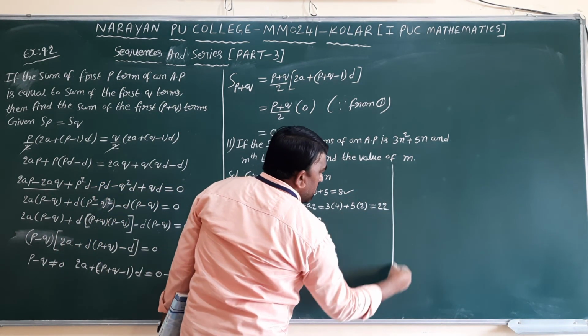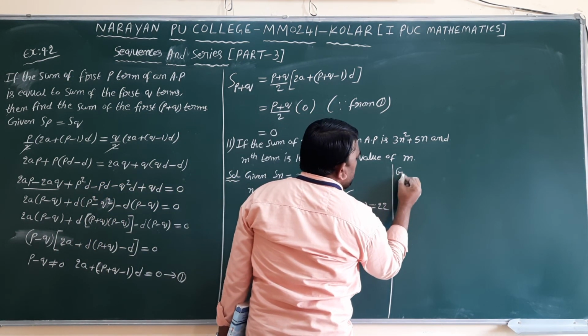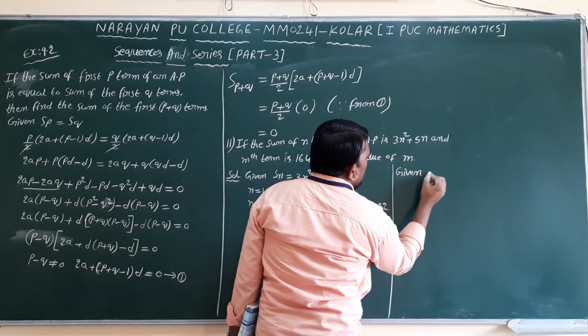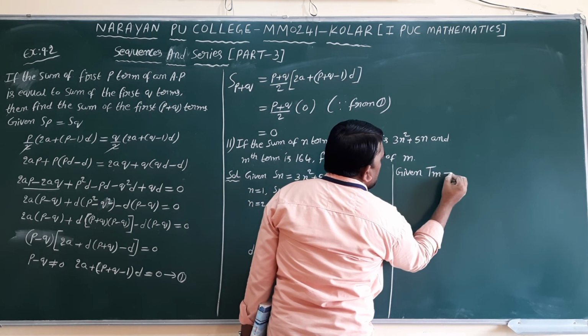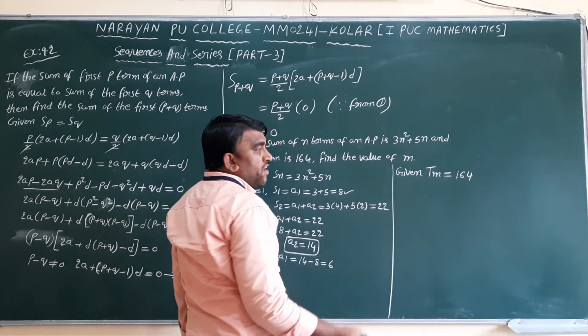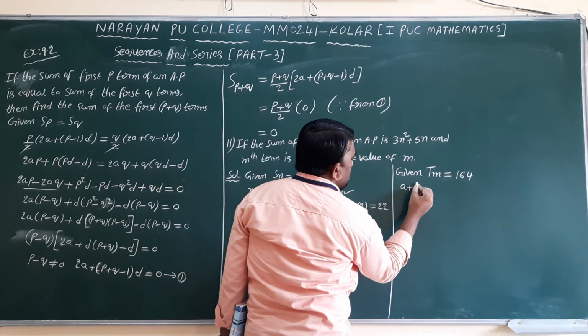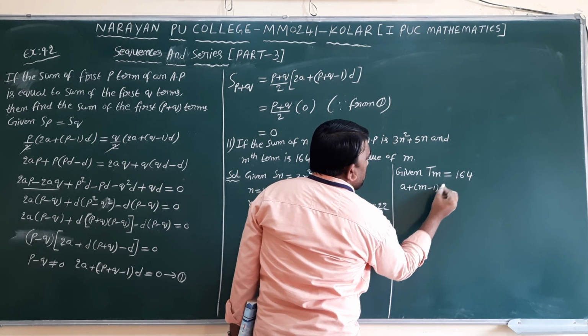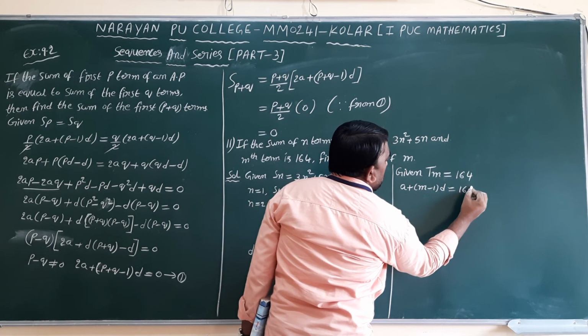They given the mth term, Tm is equal to 164. So from that m value we need to calculate. A plus m minus 1 into D is equal to 164.